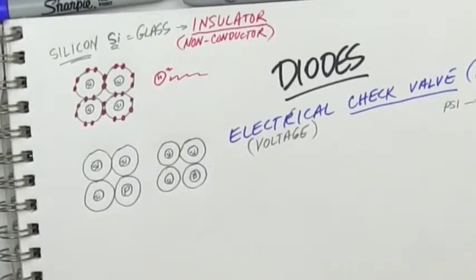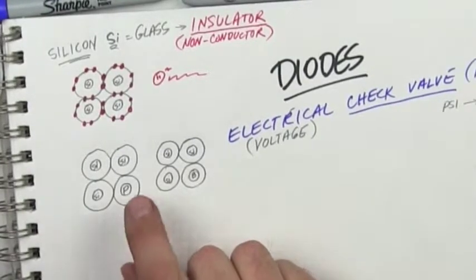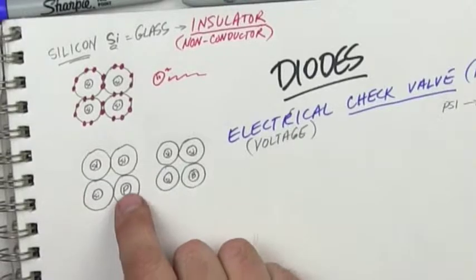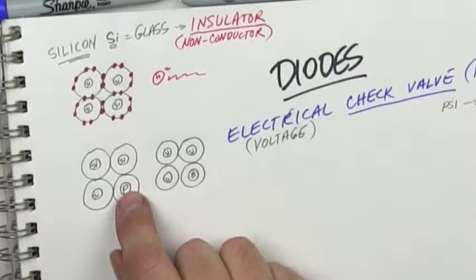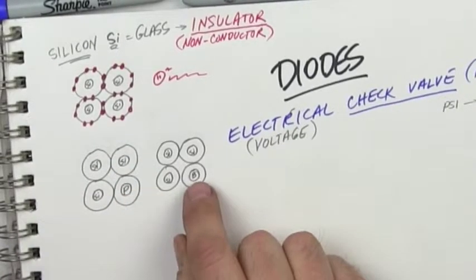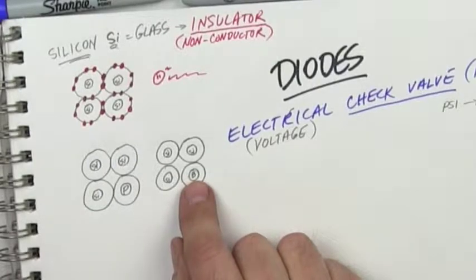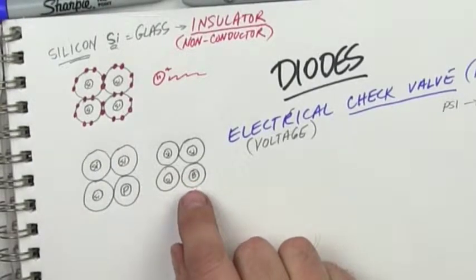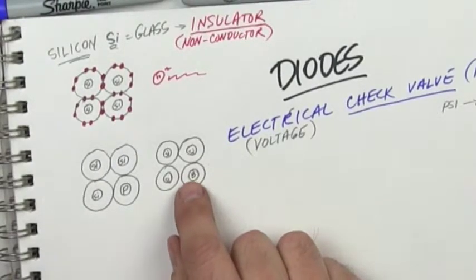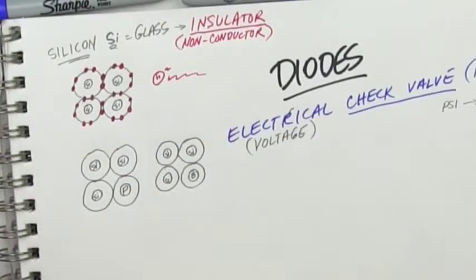And I'm going to go online and make sure I'm not going to screw this up, because I think I know. Here's what I'm going to predict. If I remember right, P, phosphorus, is not positive, it's negative, so I think it has one extra electron. And boron, I think, has one less electron, which makes it positive. So I'll explain that in a minute.